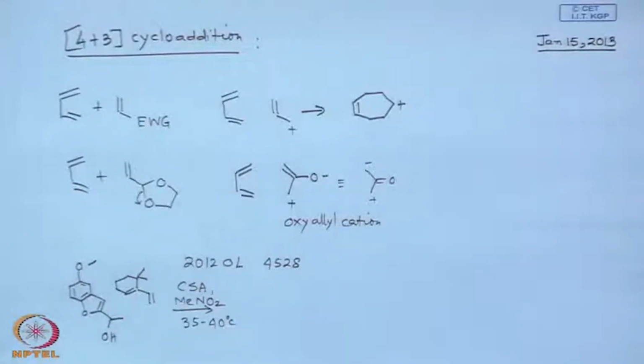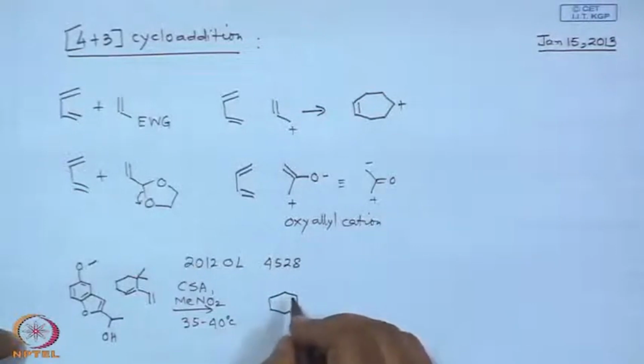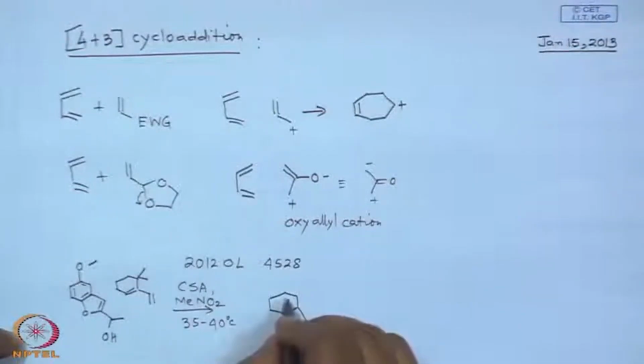So, normally if you did not know the 4+3 cycloaddition reaction, we would have expected no reaction in this case, right. At best, in the presence of camphor sulfonic acid, this alcohol would undergo dehydration to form the corresponding diene systems, but the result in this case is remarkably good, in the sense I will tell you why it is remarkable.